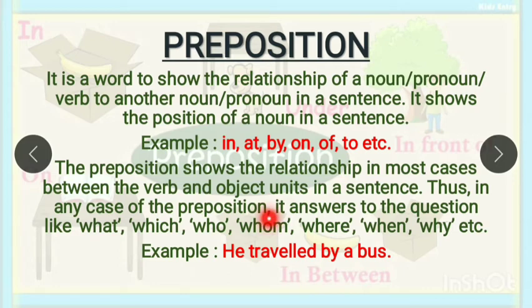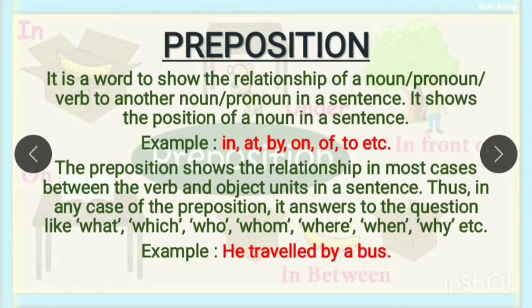In any case, the preposition answers questions like what, which, who, where, when, why, the WH questions. And it shows a relationship between the verb and the object in a sentence.